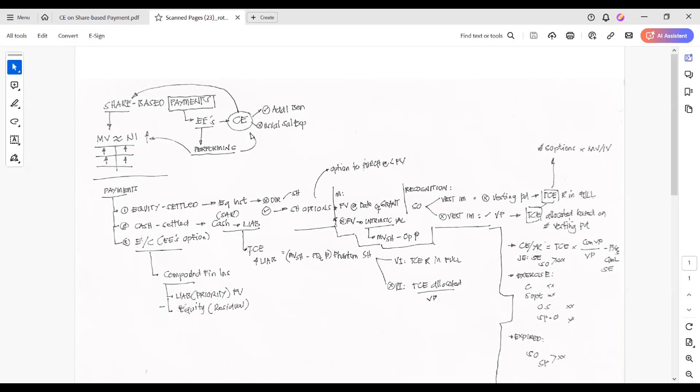So to compute for the compensation expense per year, you have the total compensation expense times the cumulative vesting period, let's say this is just the first year, divided by the vesting period, let's say 3 years, minus the prior year's cumulative salary expense. Okay, in year 2, total compensation expense times 2/3 minus the year 1 cumulative salary expense.